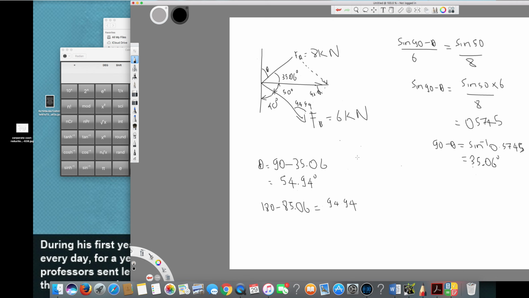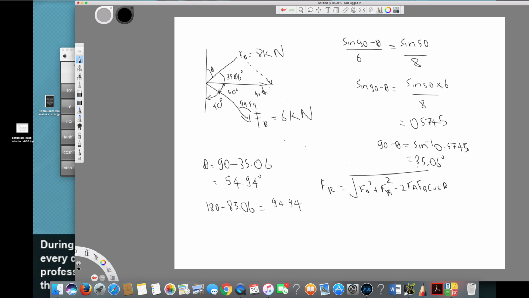So now we can use our cosine law. FR is going to be equal to the square root of FA squared plus FB squared minus 2 FA FB cos theta. In this case, instead of FA and FB, I'm going to plug in these numbers.